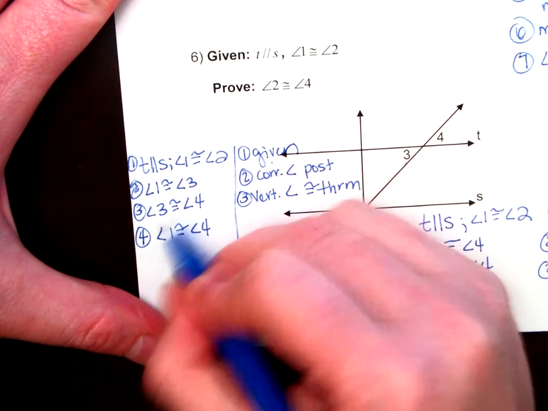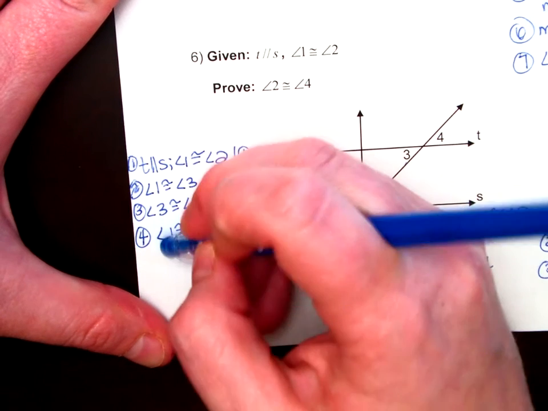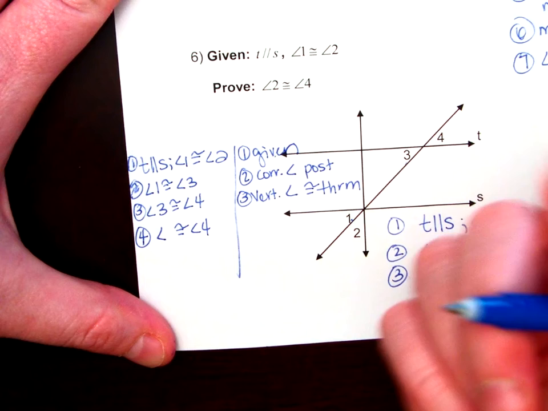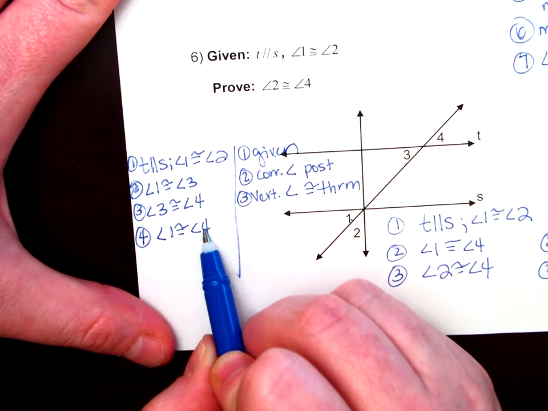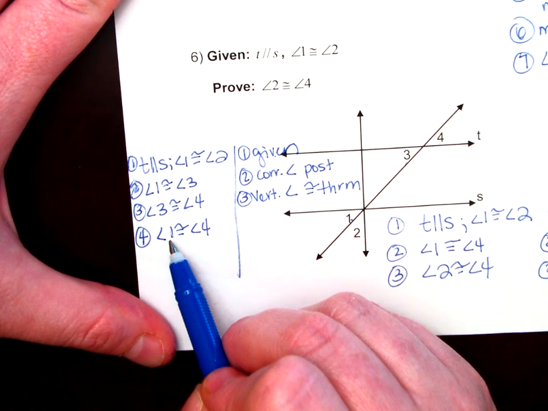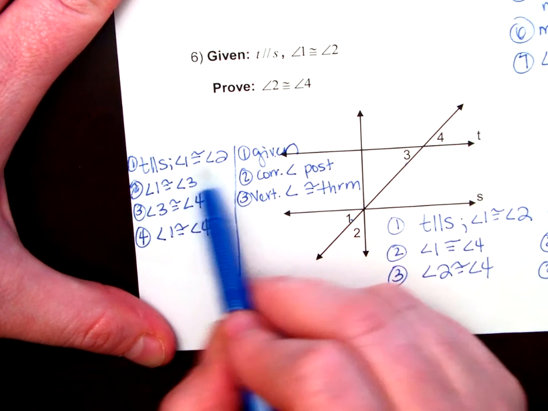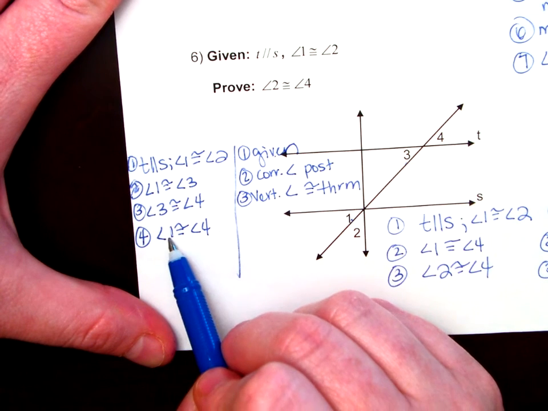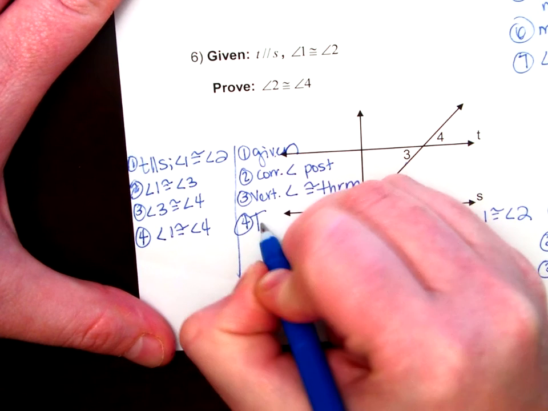Or I can work backwards with angle 3. This line could really be whatever you want it to be. So actually, instead of doing alternate interior angles, it's actually just going to be a bunch of transitives. So angle 1 is congruent to angle 4. You could say 2 is congruent to 3 here, or 1 is congruent to 4. That's transitive.